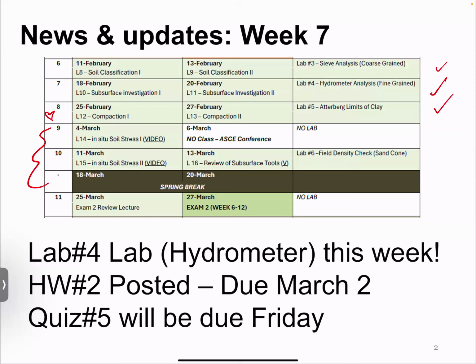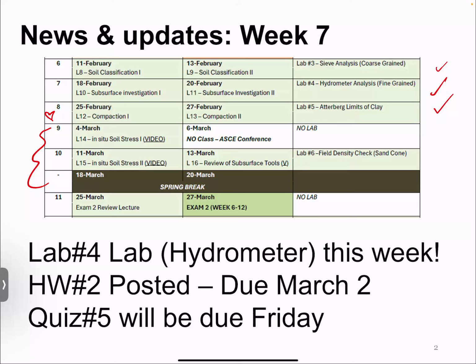So your lab reports should be due this Friday. You should have an assignment for that, the grain size distribution. Please, please, please just double check and make sure it's in log scale when you start doing that. Every year, there's still a group that submits it where the x-axis is not in log scale. So I'd love to have finally a year where there's none of that simple mistake. So for the sieve analysis, make sure that's the case.